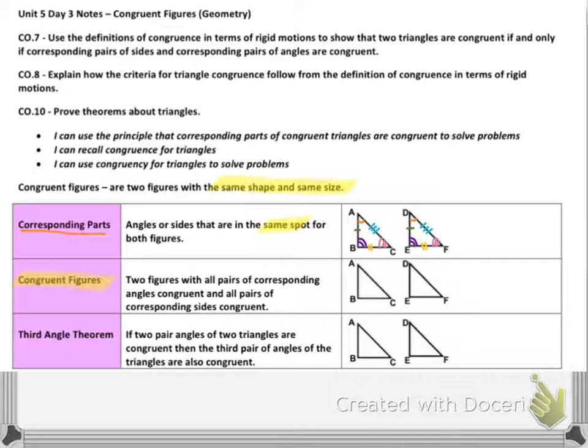Let's try a different color. All the pairs of corresponding parts are congruent in congruent figures. So that's the most important part. Just like we marked everything earlier, all of those parts that we marked congruent earlier are now going to be congruent since corresponding parts are congruent.